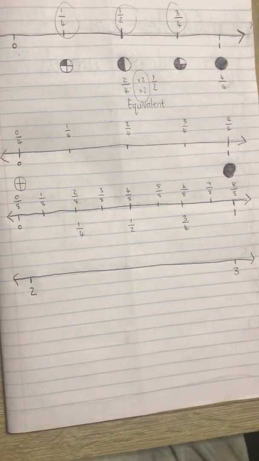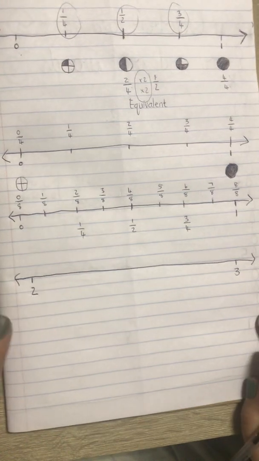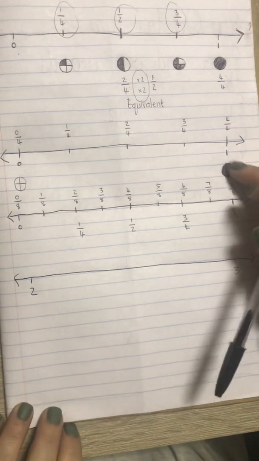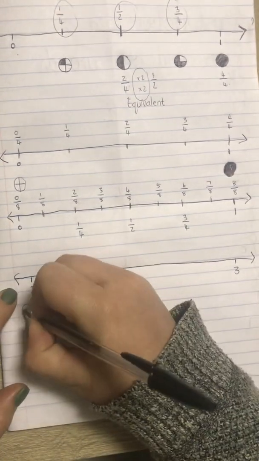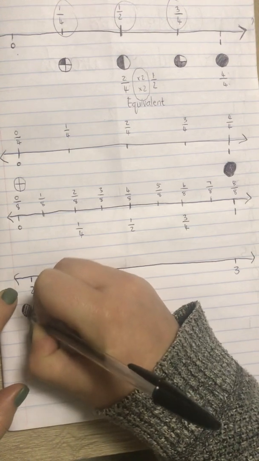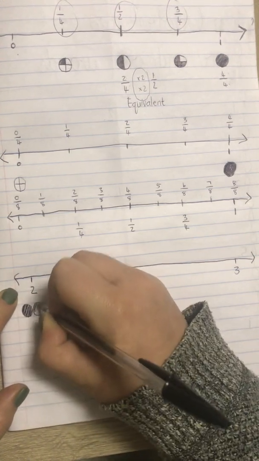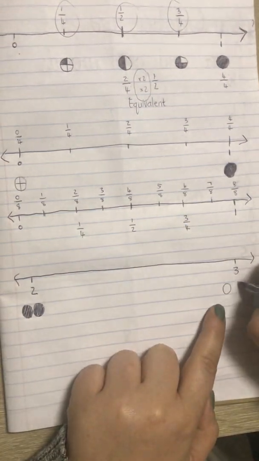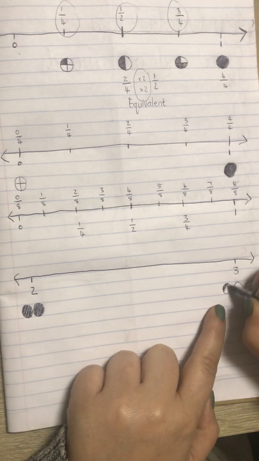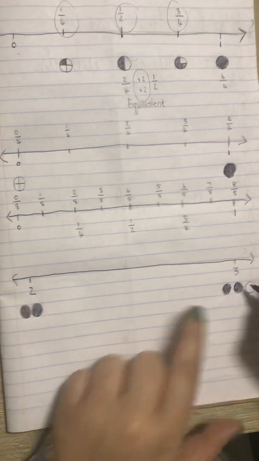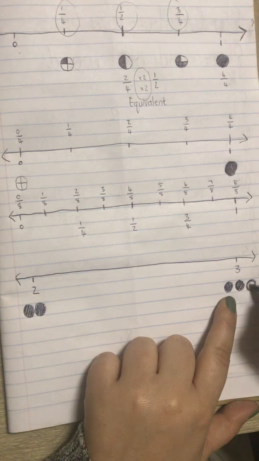Now, to explain this to you, if the number 1 meant that I have one whole, then the number 2 means that I have 2 wholes already. I already have 2 whole circles. And the number 3 means I already have 3 whole circles. You need to now fill in the numbers in between to get from 2 circles to 3 circles.